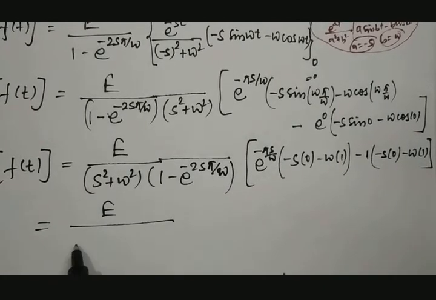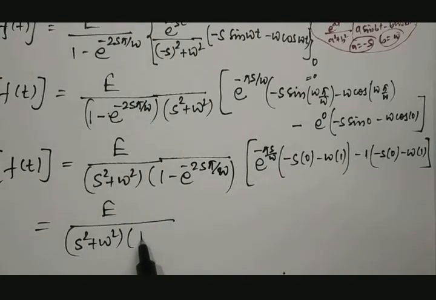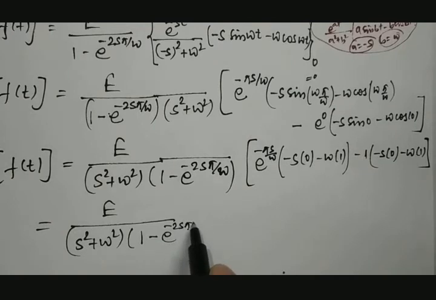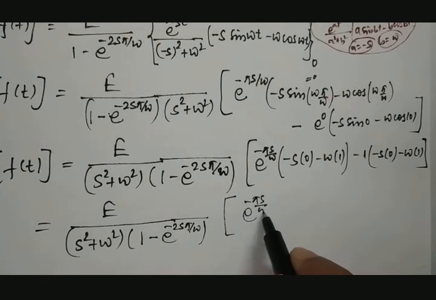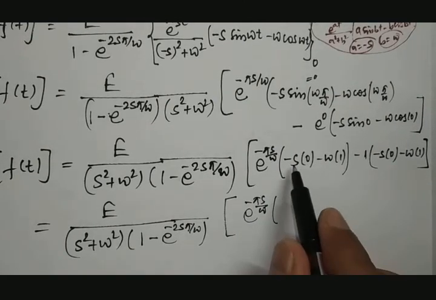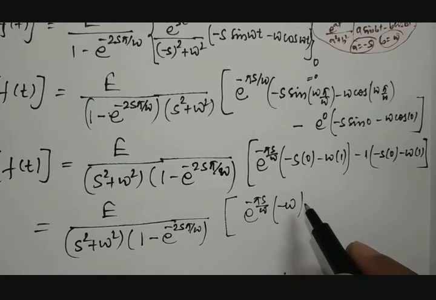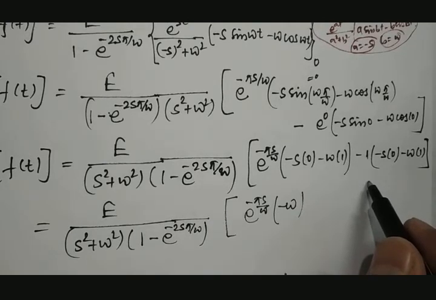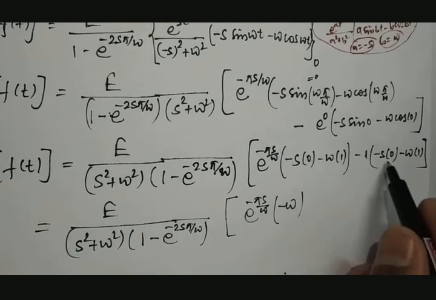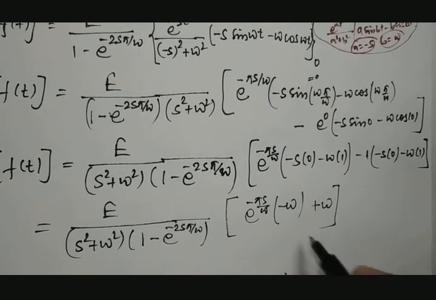Therefore, which is equal to e divided by s square plus omega square into 1 minus e raised to minus 2s pi by omega into e raised to minus pi s by omega into, this is gone, 0. So what remains? Minus omega into, here this is 0, this is only omega, minus of minus plus omega.